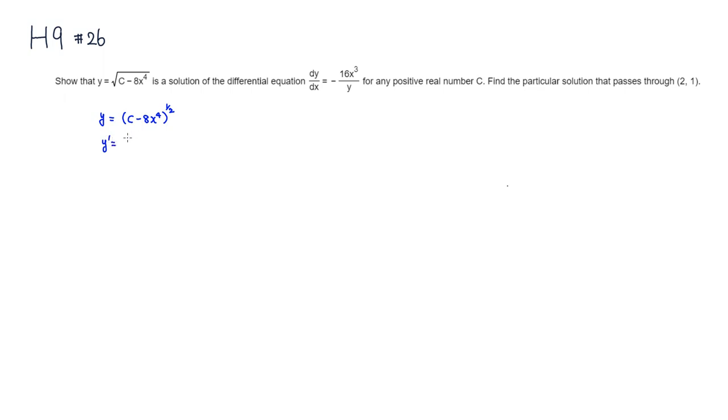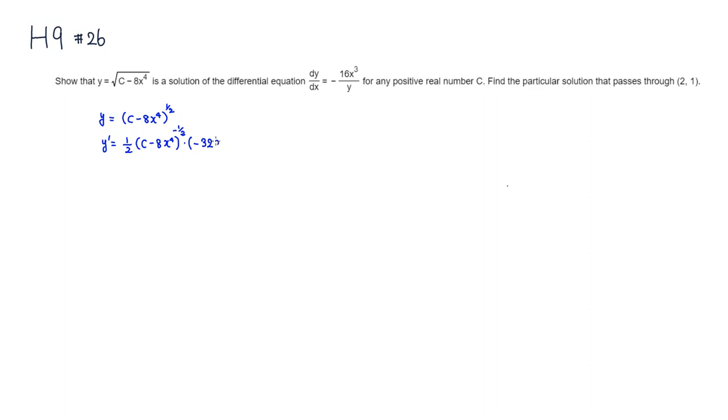Put the power in front, keep the same quantity inside, c minus 8x to the fourth, subtract 1 from the power so it's negative 1/2, and then multiply by the derivative of the inside. The derivative of c is 0, and the derivative of negative 8x to the fourth would be negative, 4 times 8 is 32.